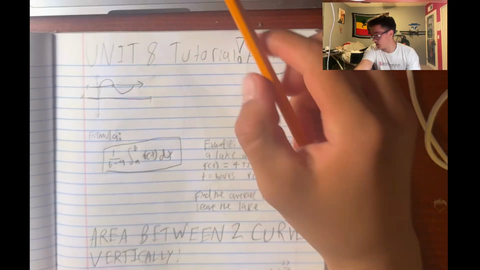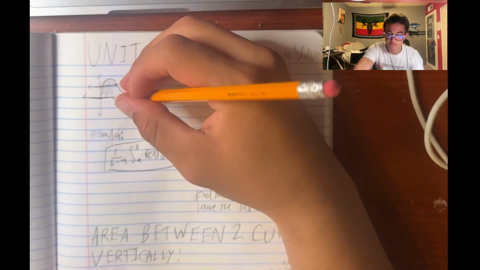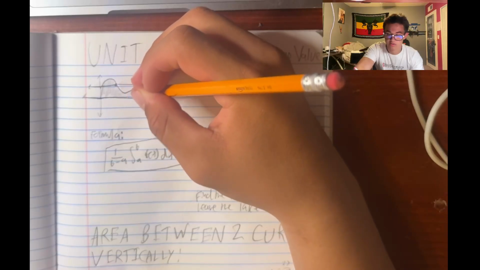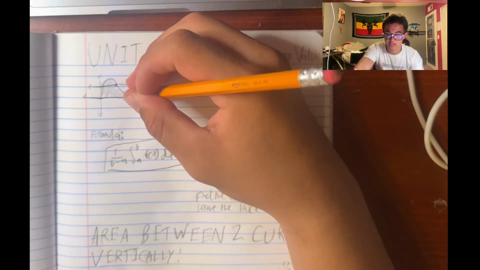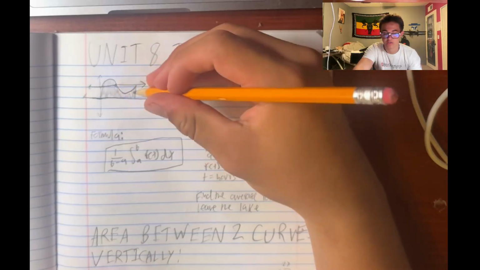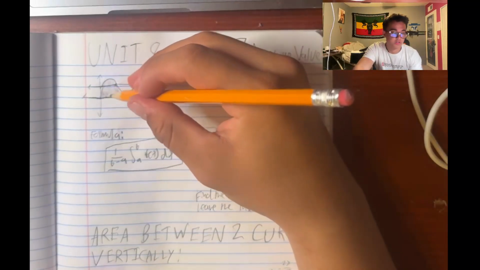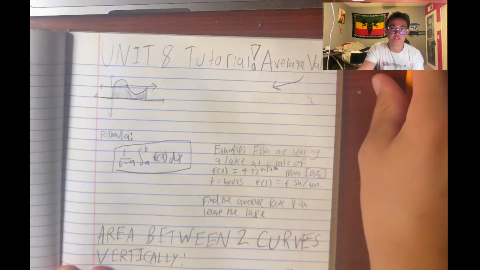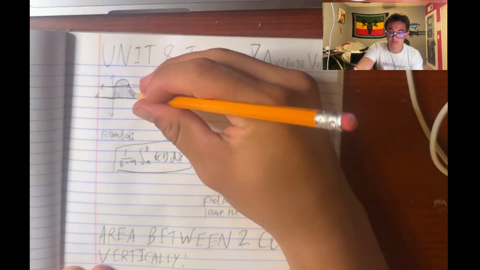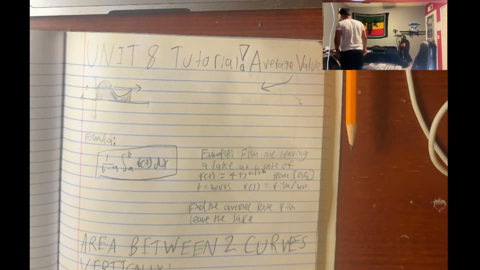If you were to fill in this curve, the area to the x-axis, it would be equal to the average y value's area to the y-axis. So it's basically just turning it into a rectangle.